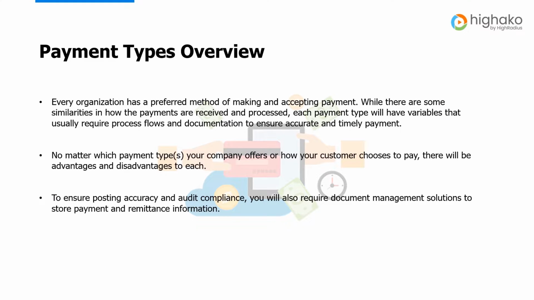The method for processing payment types and reconciling each of those different payment types will vary from company to company. Best practices should include documented process flows, a delegation of authority and reconciliation, and of course a policy for managing and clearing disputes.